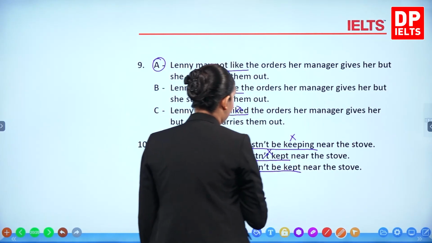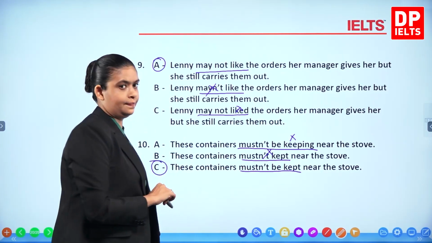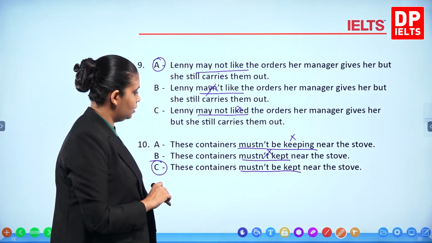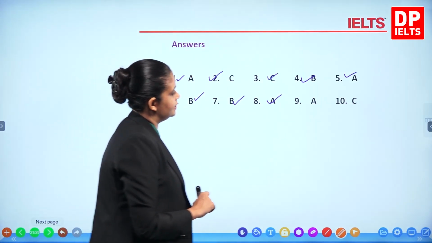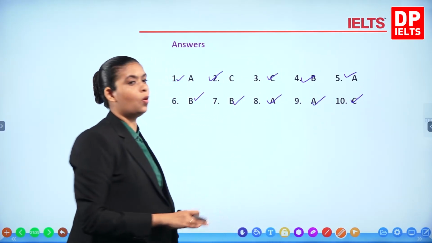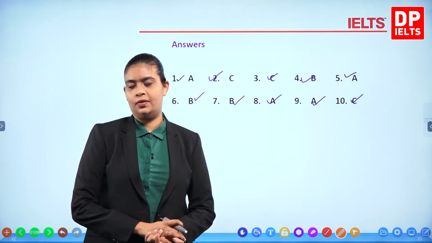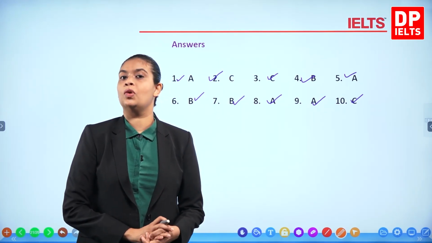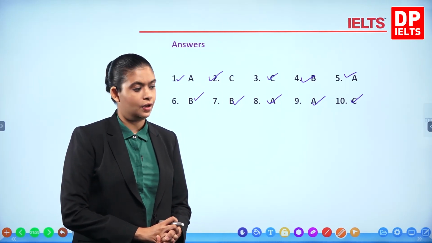Mustn't be kept, and that is what is correct. So it is A and C. There we go. We've had a look at all the sentences. Why it's correct, okay? If that is correct, then why are the others wrong? We've also discussed that bit.